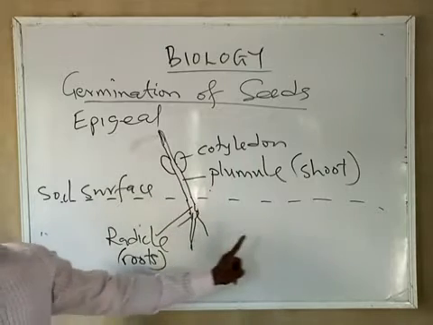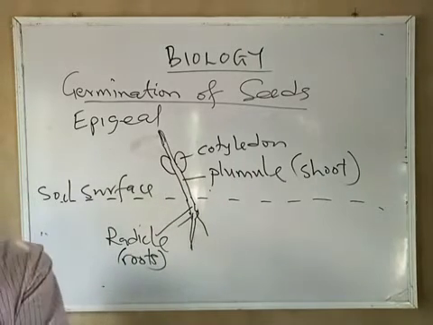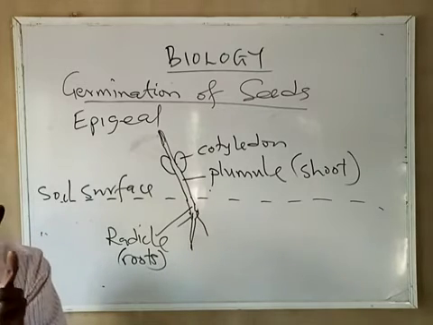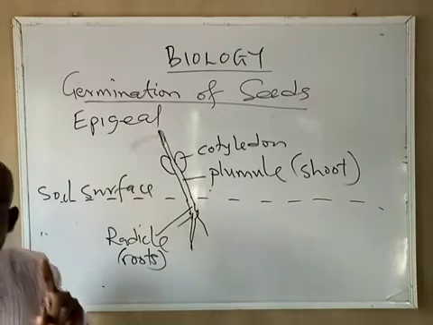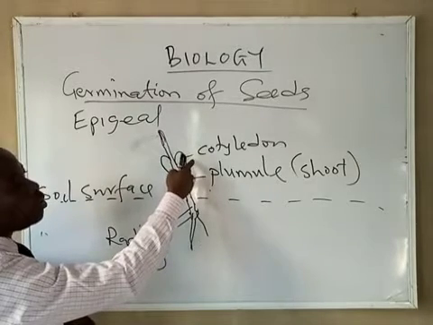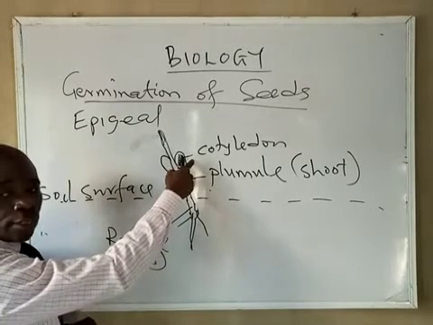When the seed begins to grow, the hypocotyl of the seed elongates and brings the cotyledon outside of the soil.